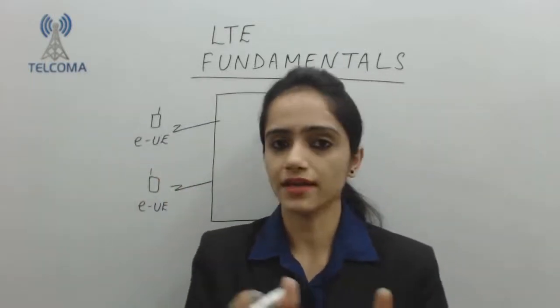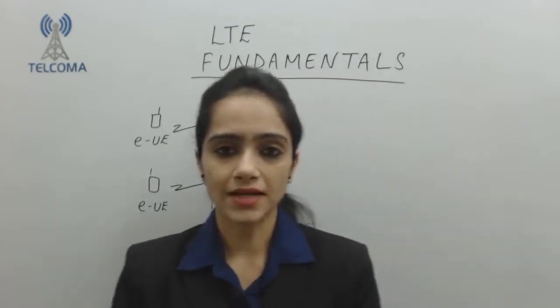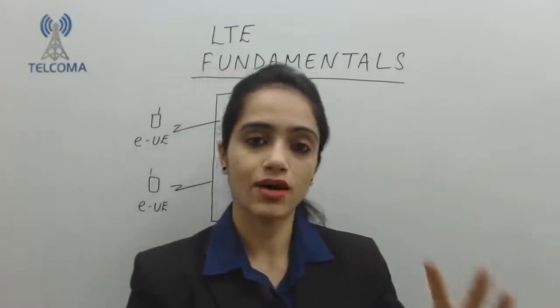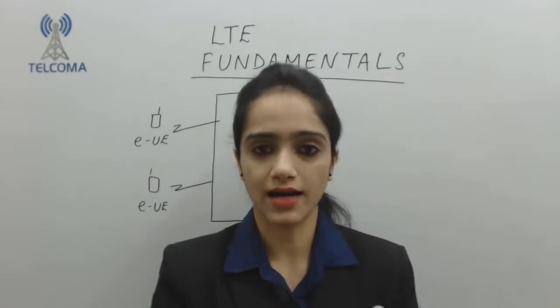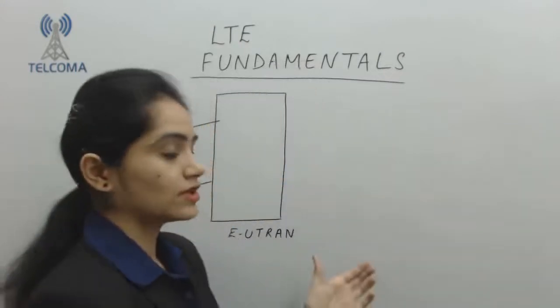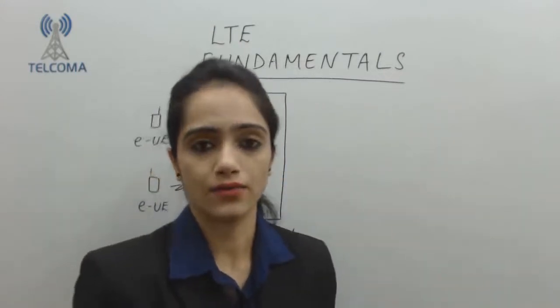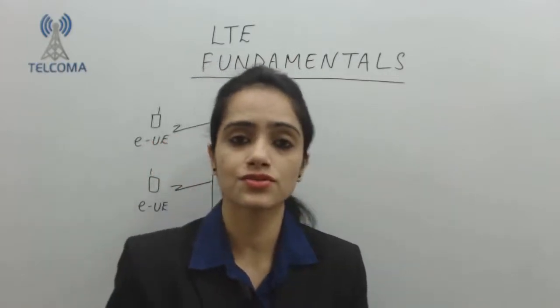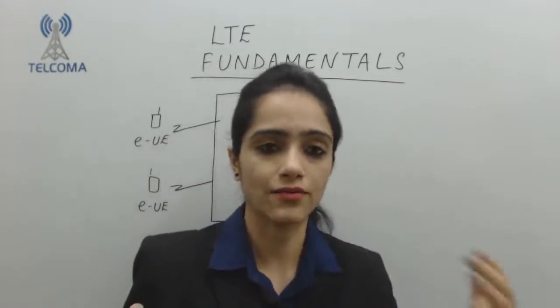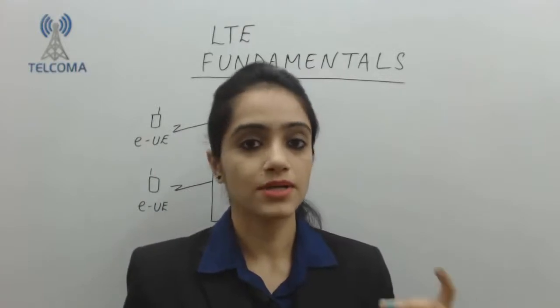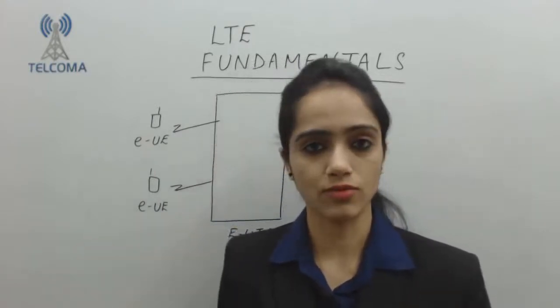Simultaneously, we have Node B and RNC. That means handover decisions and all decisions are with the RNC. But in order to reduce the latency of handovers, that means a handover should not take much time for handover decisions, because our main aim is high mobility.